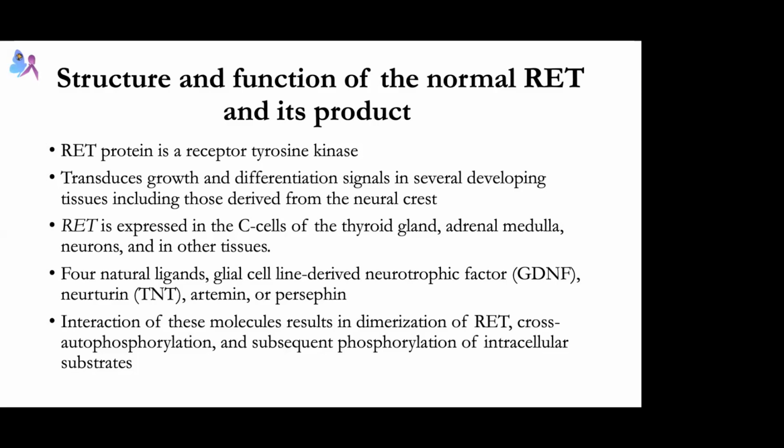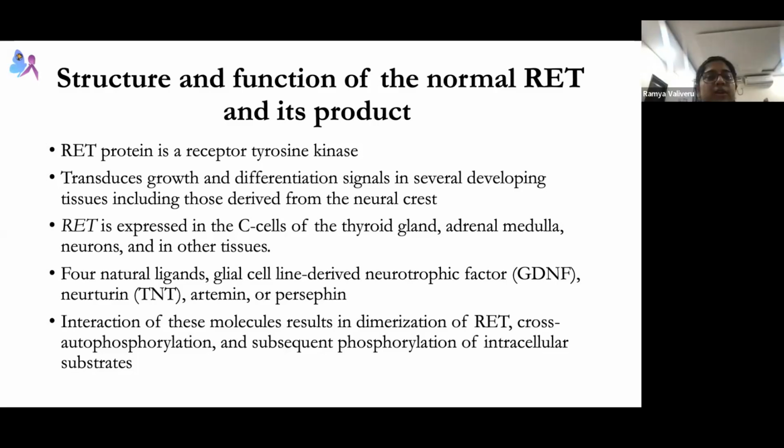So, structure and function of normal RET and its product. RET protein is a receptor tyrosine kinase. I'm just reading out because I think these sentences you can remember and write in the exam. This is actually a question.